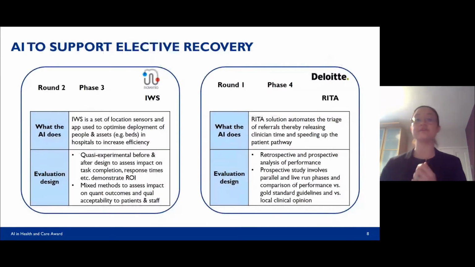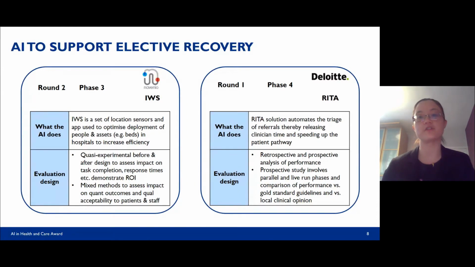So I just wanted to give you a couple of examples of technologies that we're supporting that can help with the elective care recovery and backlog. One of the technologies is one of our phase 3 technologies, from the company called Navigno.